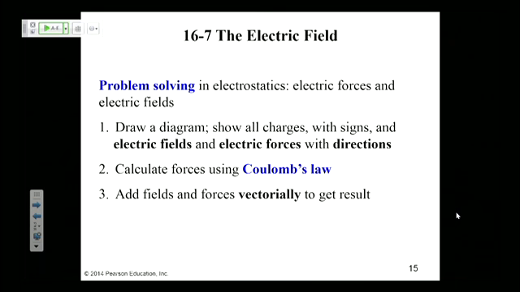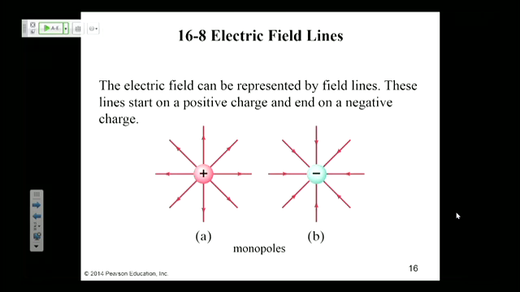Then you apply Coulomb's law for every single charge, and once you have the vectors representing these forces or these fields, you need to apply vector algebra to superimpose the forces if you are interested in electric forces, or superimpose the fields if you are interested in the electric fields. That's it.